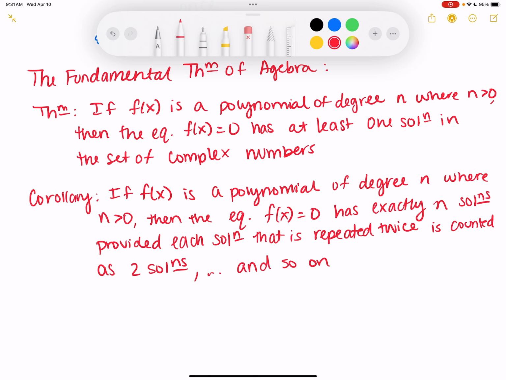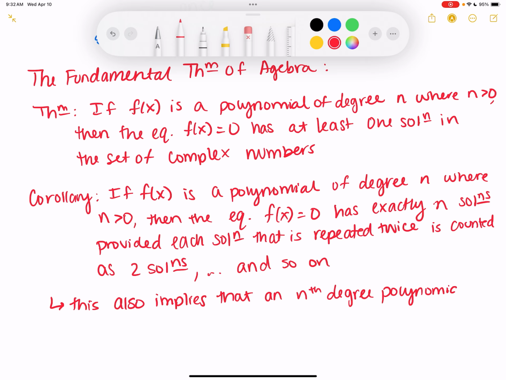Now, all of this also implies that an nth degree polynomial function f has exactly n zeros.